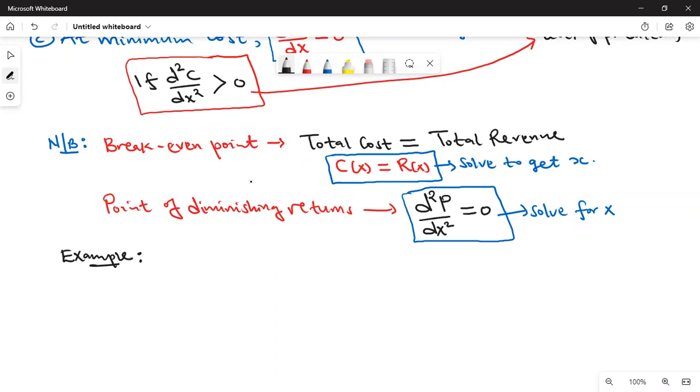You are told that in marketing a certain commodity, a business has discovered that the demand for the commodity is represented by, so I'm just going to give you what is written. The demand is represented by P of X is equal to, remember the P small to mean price, 50 over root X. This is the demand function.